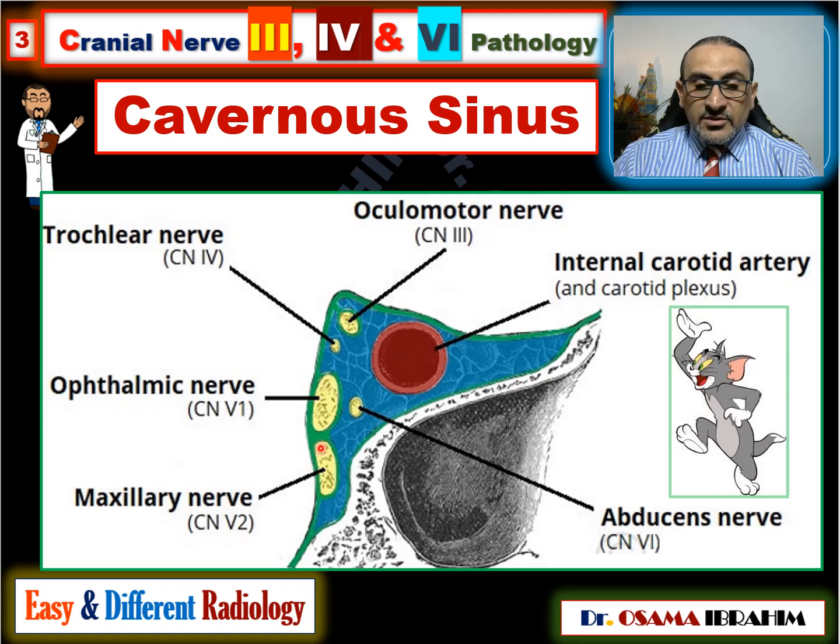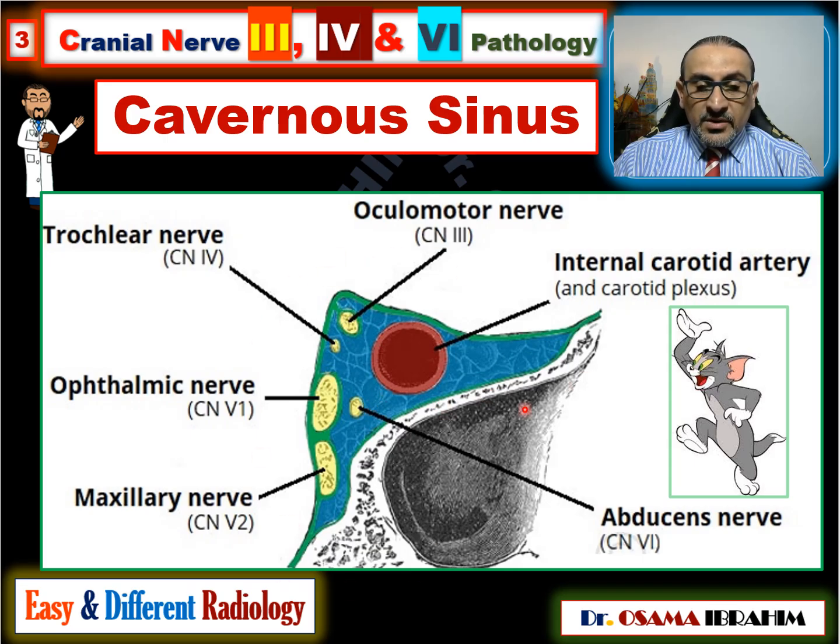The cranial nerves in the lateral wall of the cavernous sinus are arranged as the oculomotor nerve, cranial nerve 3, then cranial nerve 4, the trochlear nerve, and then two divisions of cranial nerve 5. The first is the ophthalmic division and the second is the maxillary division. After that, cranial nerve 6 is located internally in the cavernous sinus.